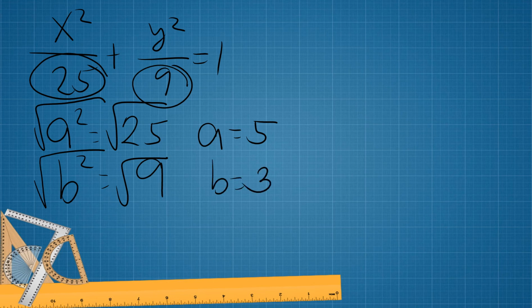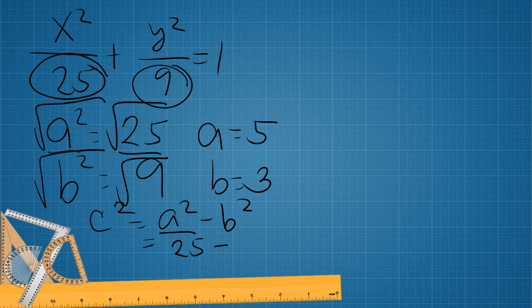Now, to know the value of c, we have the formula c squared is equal to a squared minus b squared. Since according to our example, a squared is equal to 25, by substitution property, instead of writing a squared, we're going to write 25. Bring down minus.